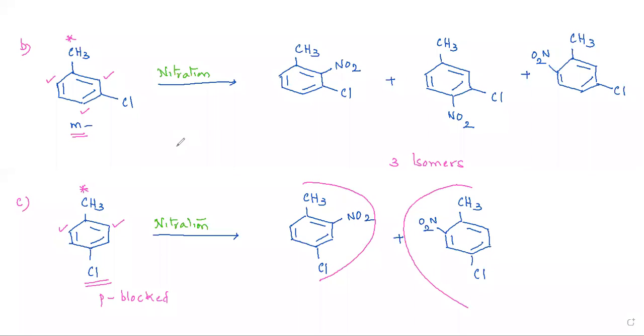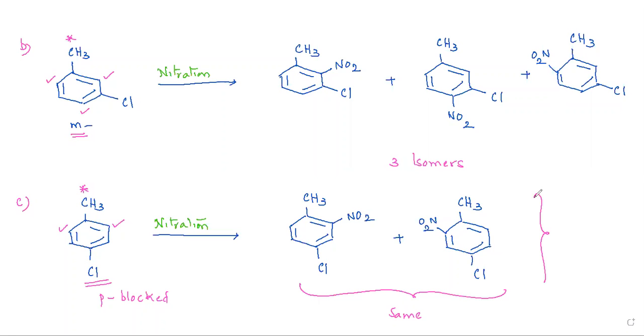So when that is the case, though we have written two things, let me say that both are same. This needs to be concentrated seriously. They are same, and let me just consider that this type of an arrangement gives only one isomer. I hope this is clear.